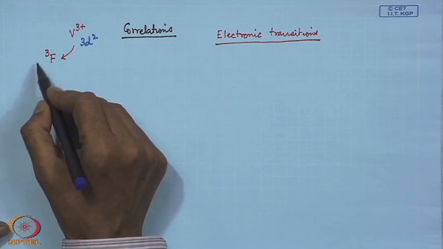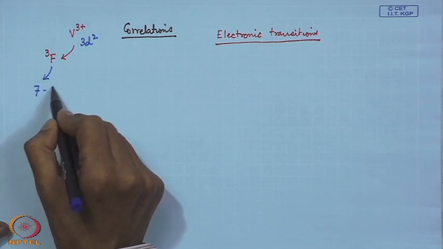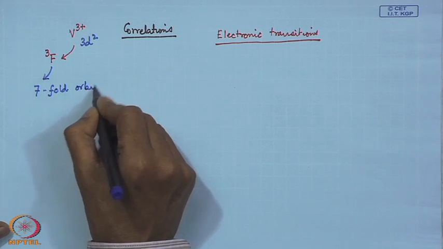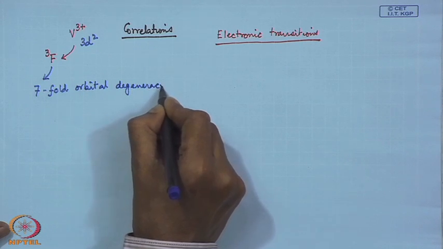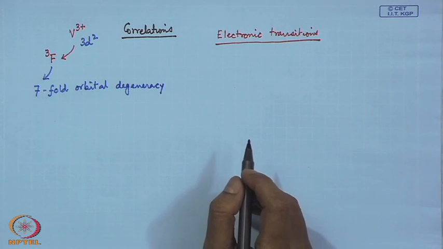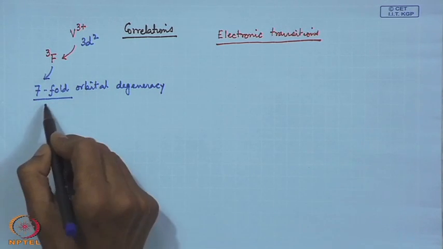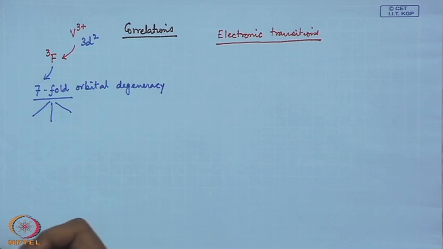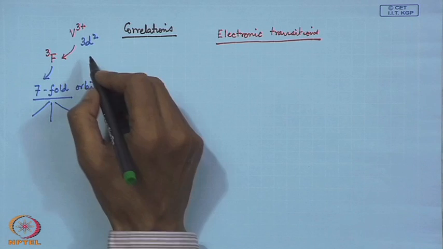So, when we get this F term, we know that it has the corresponding sevenfold orbital degeneracy, and how will we have the corresponding splitting for these degenerate levels, since they are not degenerate after putting that particular free ion system.